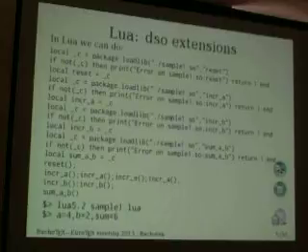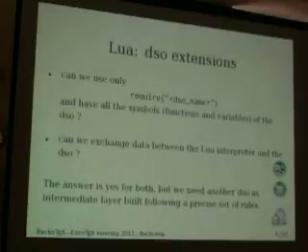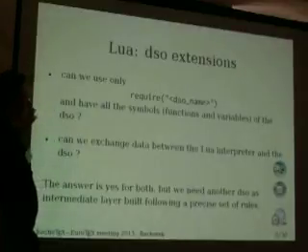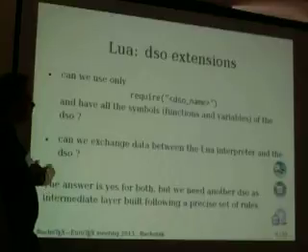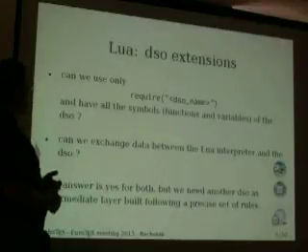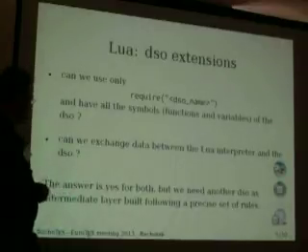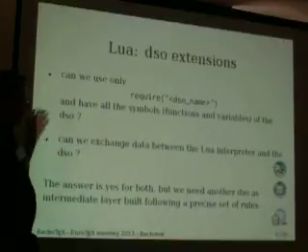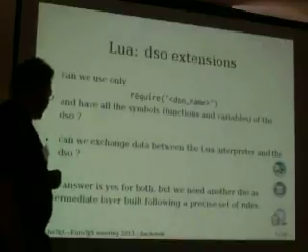But of course, what we really want is not to write hundreds or thousands of lines of Lua code to load every function or every symbol of the library. And we also want to exchange data between the library and the interpreter.